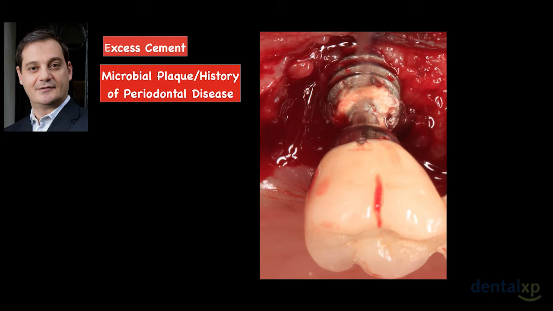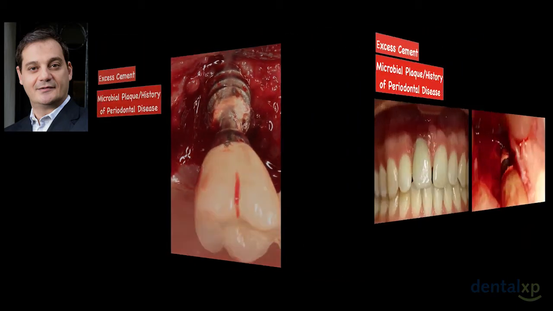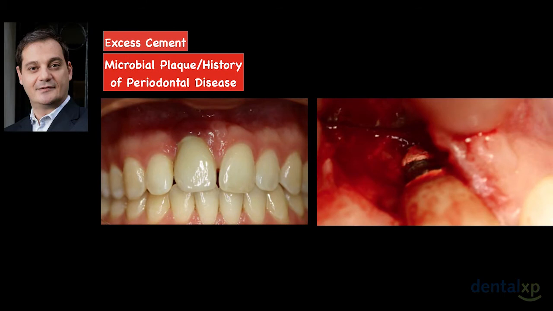And this is becoming a big problem, because most restorations nowadays are cemented restorations. There is a current trend right now to move back to screw-retained restorations to reduce the amount of excess cement. But this is something that we need to be aware of. And look, this is another case that shows the same thing. Edematous tissue, very red, inflamed, angry.